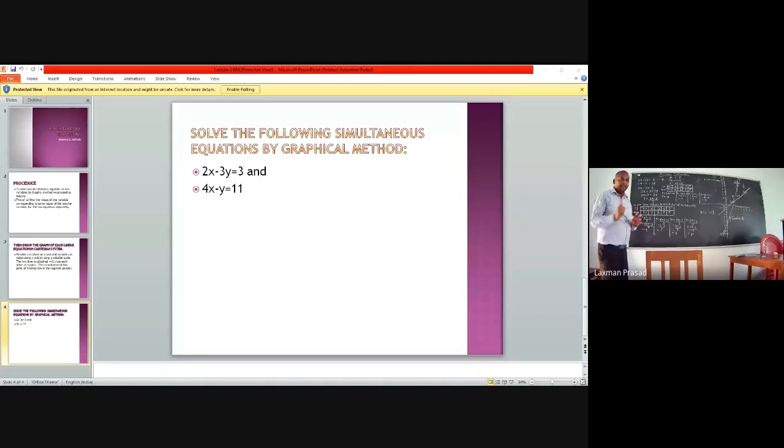So the maximum limit is 9. And on the y-axis, the highest value is 5, but there is a value which is more than 5, which is 13. So you should keep in mind that the diagram should cover a maximum of 9 on the x-axis, whereas on the y-axis a maximum of 13.